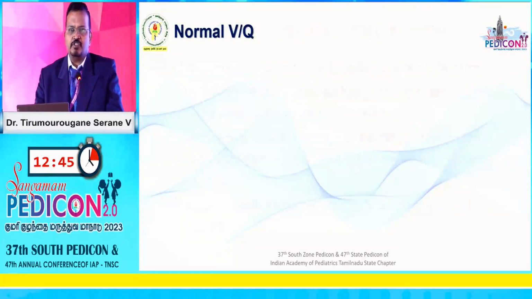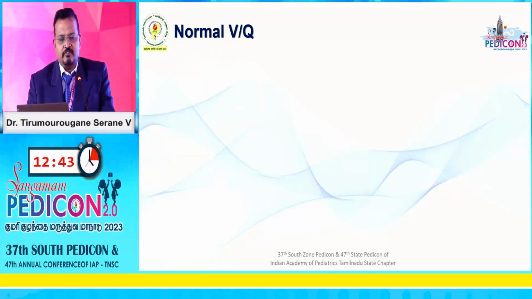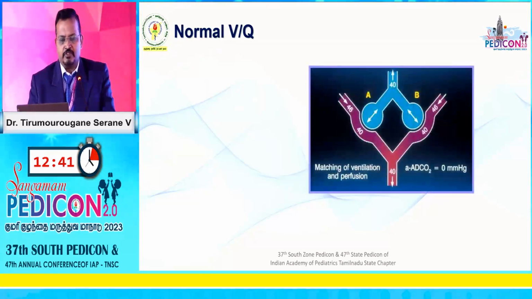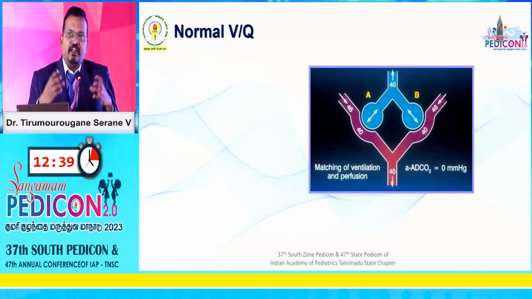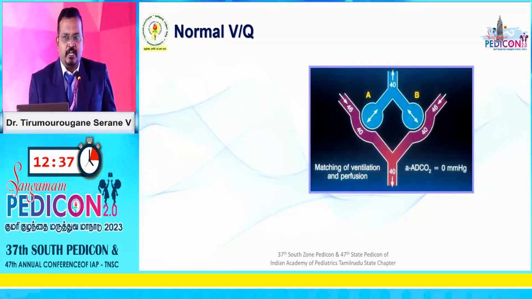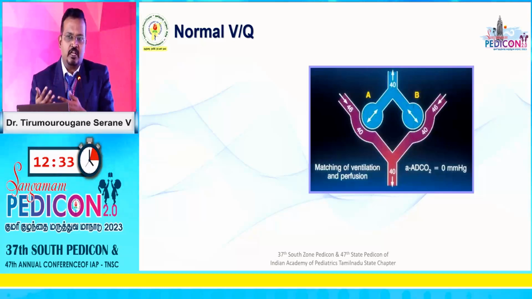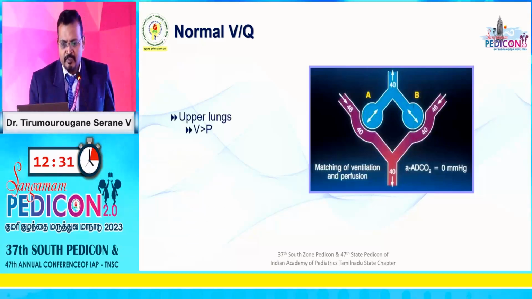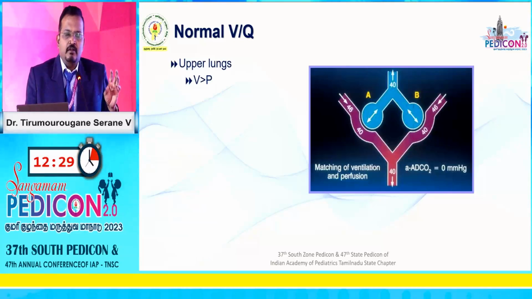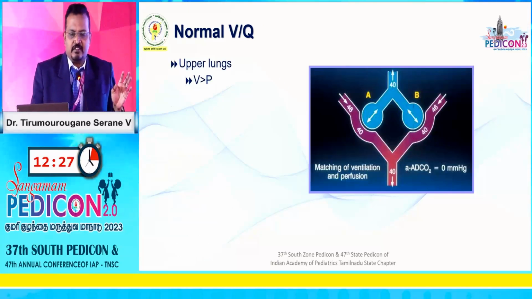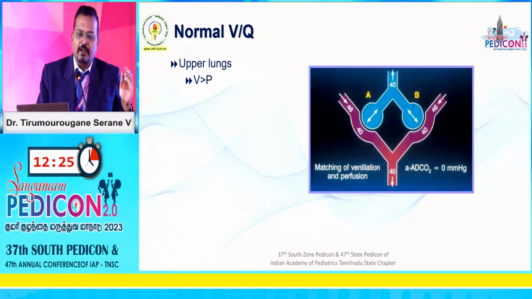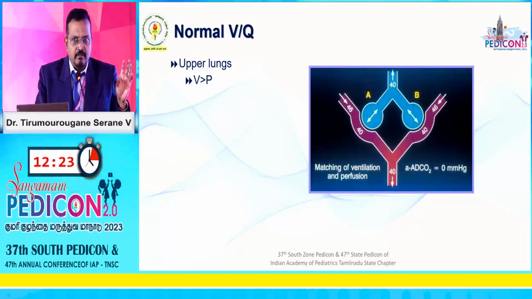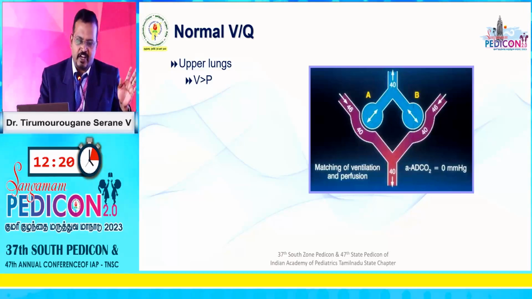Now, this is something which we keep talking about a lot, that is VQ. What is a normal VQ? The basic idea is wherever alveoli are ventilated, we want blood there so that it can do this equilibration, so oxygen can move into the blood. But in real life, that's not the case, because in the upper lungs, the ventilation is always better when compared to the perfusion because of the effect of gravity.